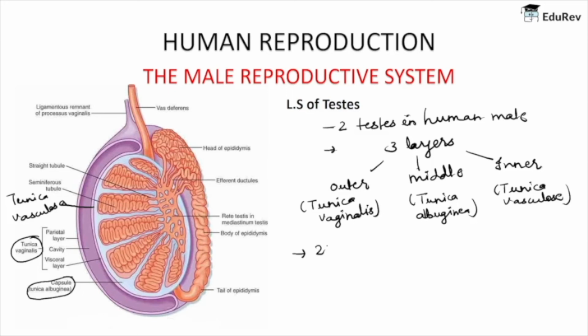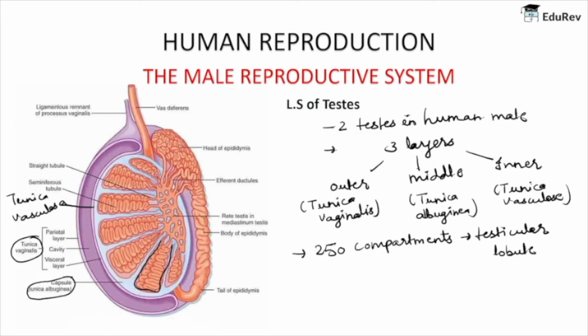This point is very, very important and you can note it down in your notebooks: each testis has 250 compartments, which are known as testicular lobules. Look at the image where I am marking; the area I am marking is a single lobule.